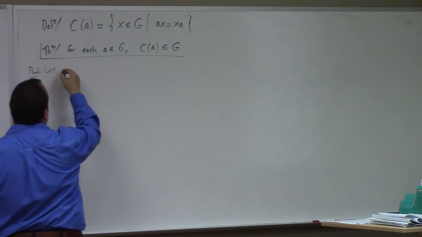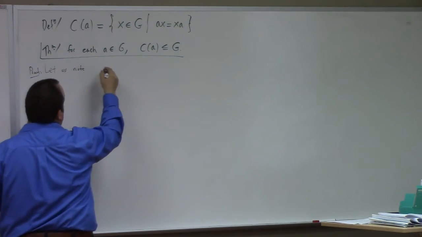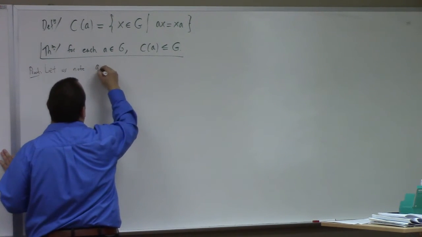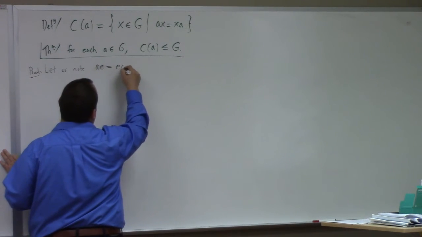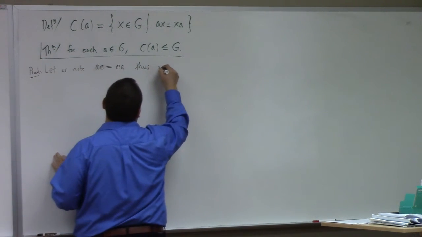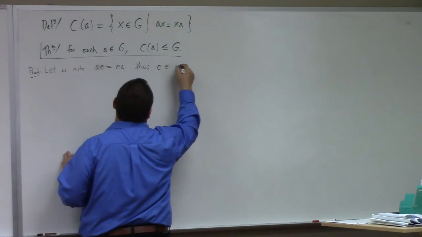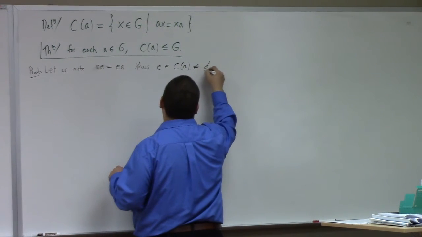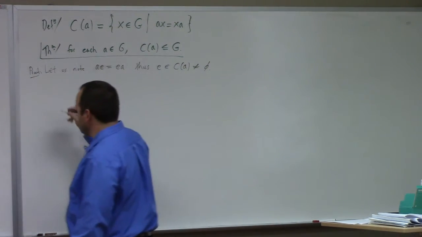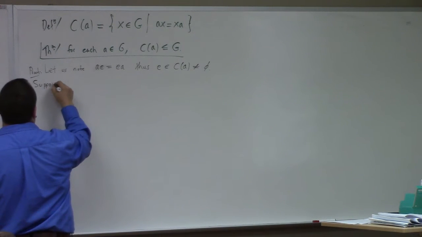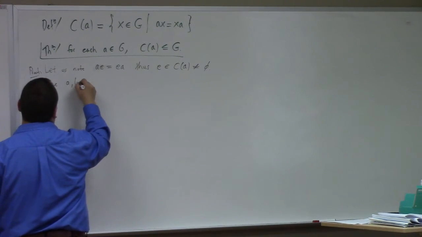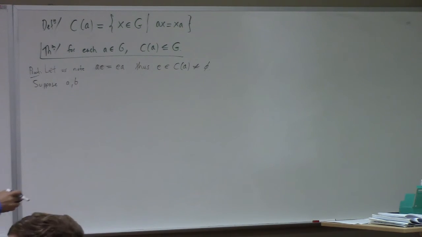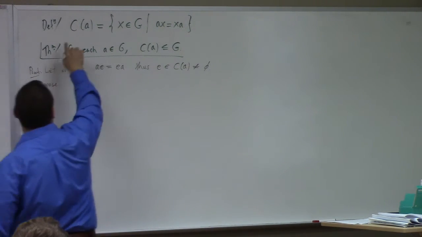What are we going to do? Let us note, first of all, AE is equal to EA, thus E is an element of the centralizer of A, right? So the centralizer of A is not empty. Suppose X and Y, oh, bad choice of variables, A. Yes, sir? What's the centralizer? It's defined right here.